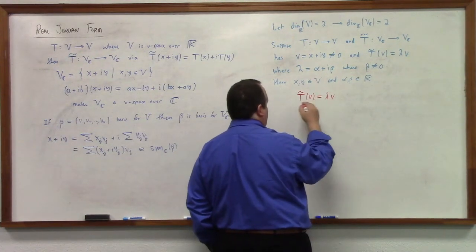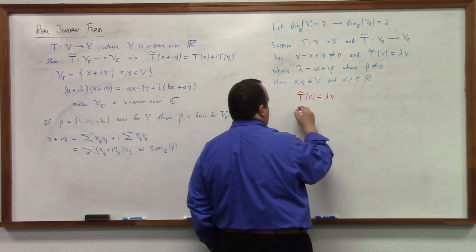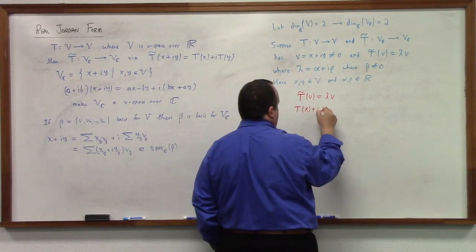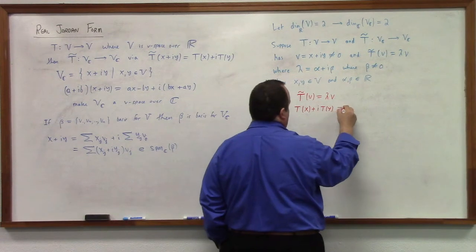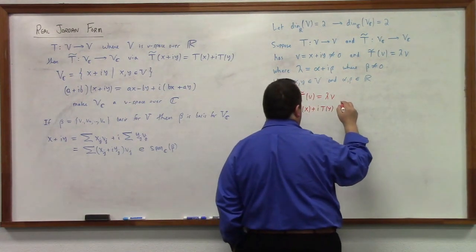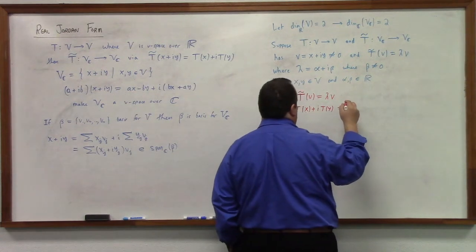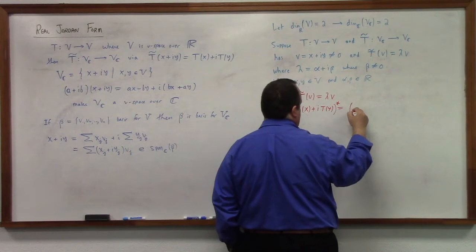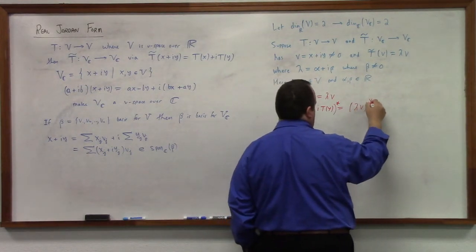So if I take the complex conjugate of this, in other words, I have T of x plus i T of y, right, equals, what is this here? Take the complex conjugate of all that. And then I take the complex conjugate of lambda times v.